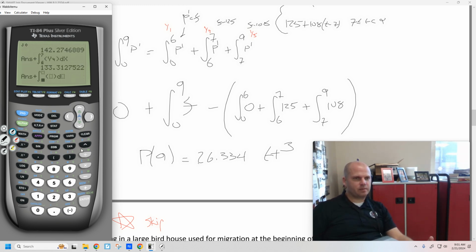Again, I'm not subtracting, I'm just adding because it's going to be a negative displacement. Plus 7 to 9, snow falls at a lesser rate, Janet's still removing, of Y5. And I'm going to take that value of 133 and decrease it by a significant amount, and I'm going to get that 26.334.